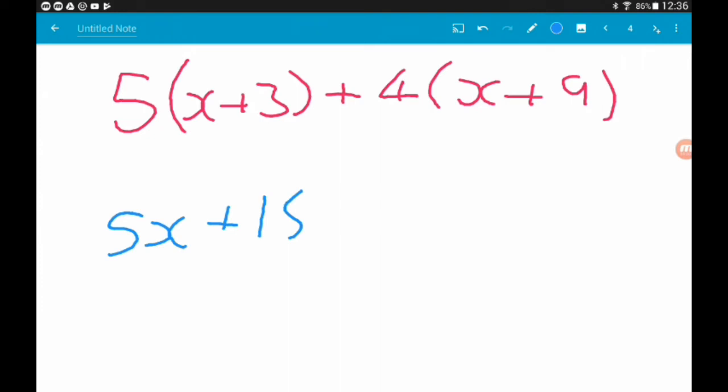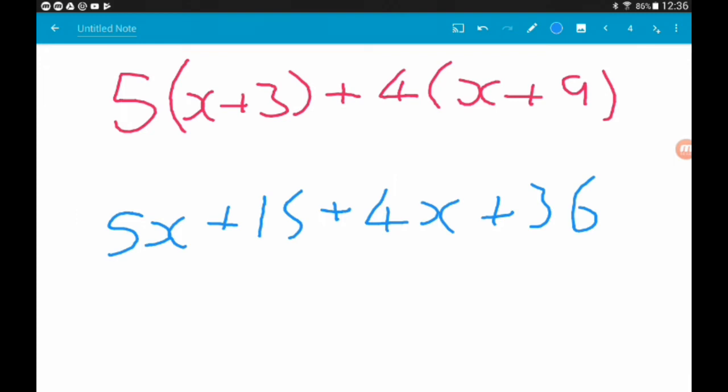Now we've got a plus in the middle here, so we're now adding on 4 times x, so that's 4x, and then 4 times 9 is 36. So up to that, we've expanded.